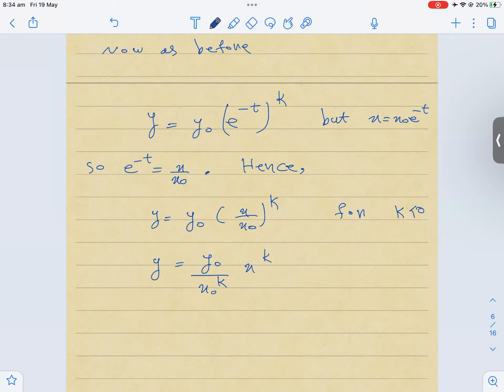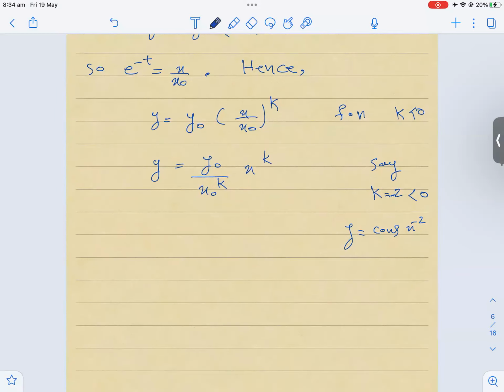But we see that, say, k is equal to -2, which is less than 0. So you've got something like a constant times x to the minus 2. So you've got something like hyperbolas similar to that. So you've got this one, y, x.